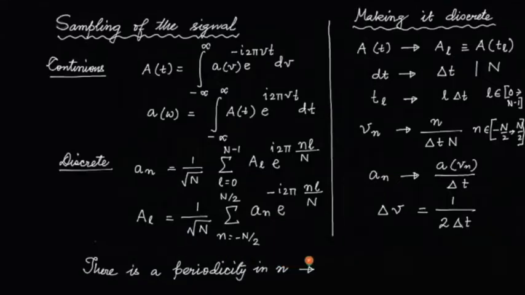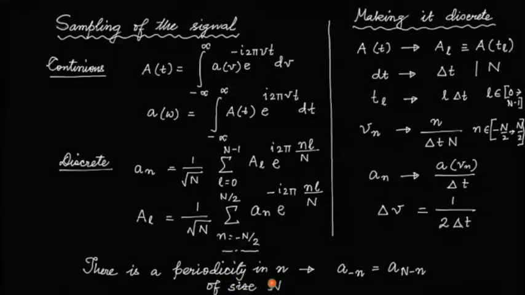So what is the periodicity? If I have a of minus n, so all the negative values of n, I can map them to a of capital N minus n, because there is a periodicity of size or period n. So this also we saw last time. So I can map this.